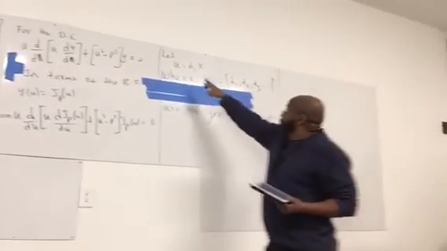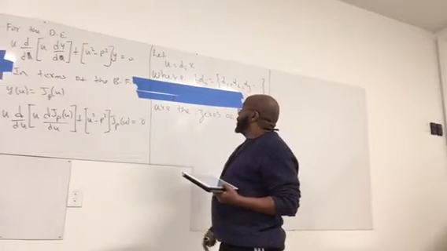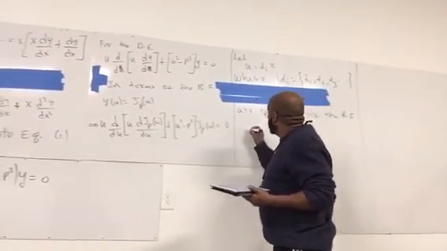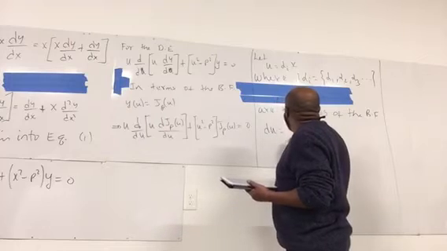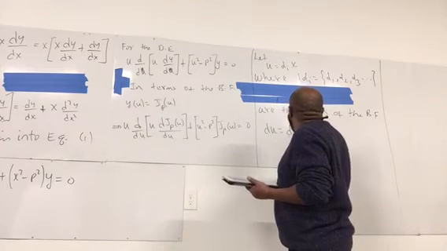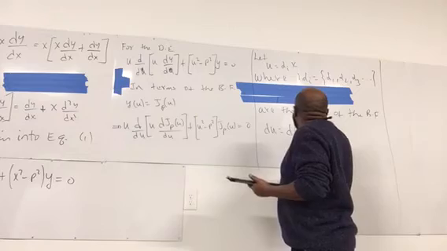If I introduce this variable, then du is d of alpha_i x.